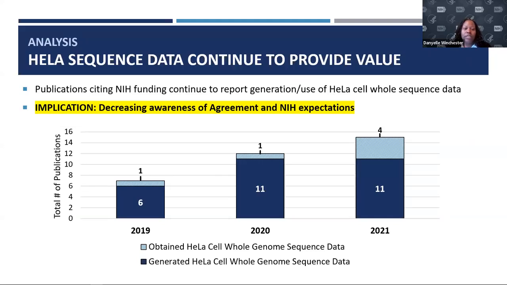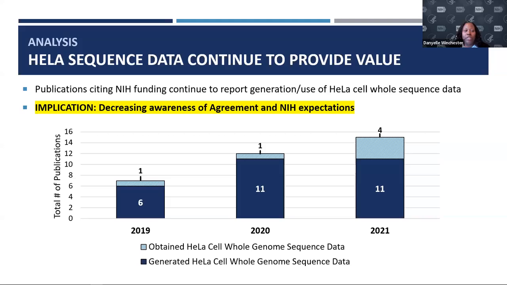So one of the things that we did was an analysis to see if the HeLa sequence data is providing any value. Are people still generating it? If so, how are they using the data? We also wanted to see how they are obtaining data from HeLa cells.